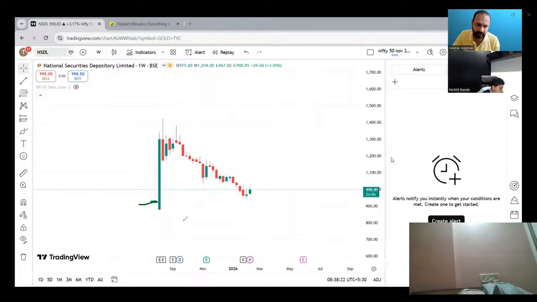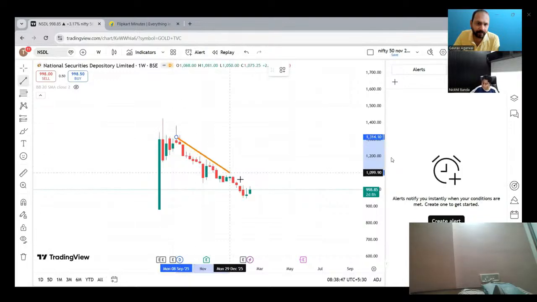Mostly we try to trade this pattern, as I've explained, by buying either near the bottom, or whenever there is a breakout. And there is one more way, using the trend lines. You can even try to find the trend line breakout in this scenario.